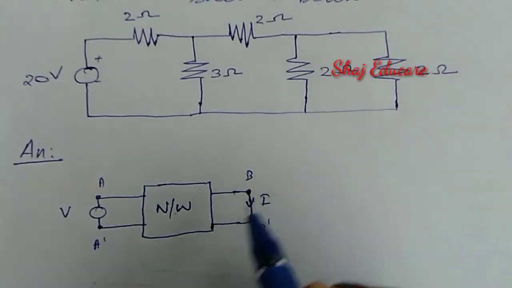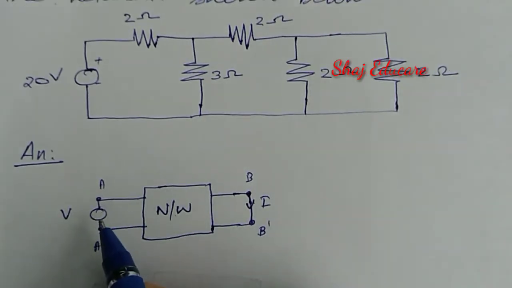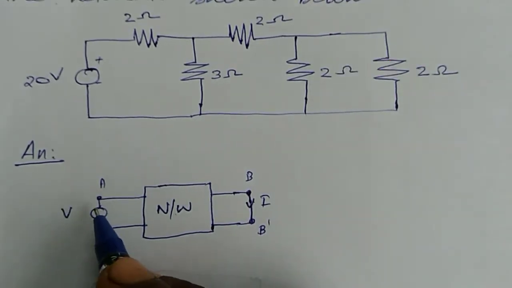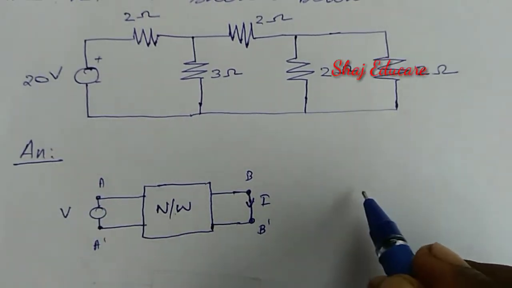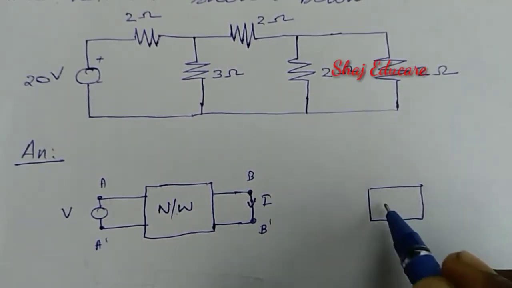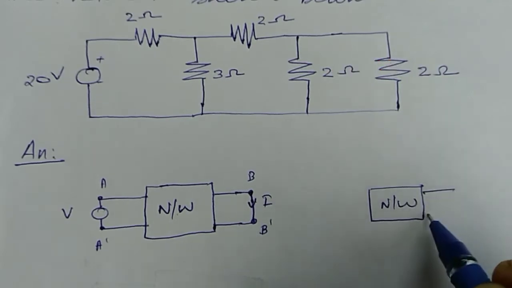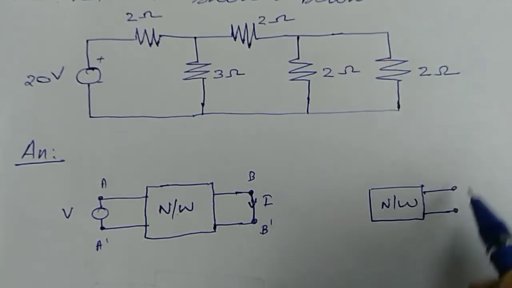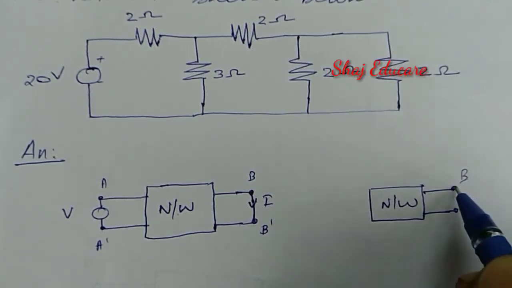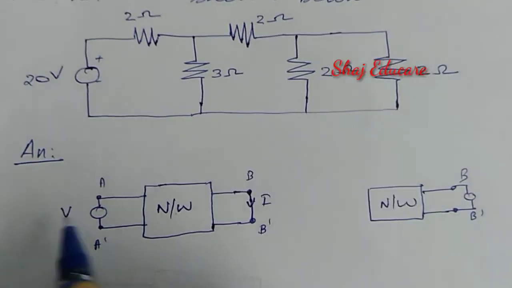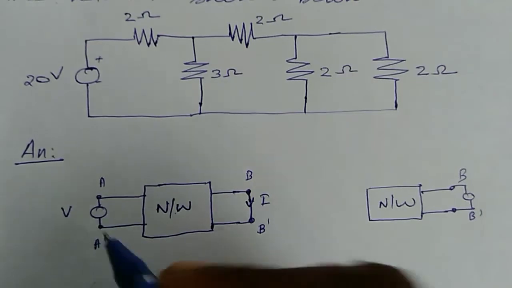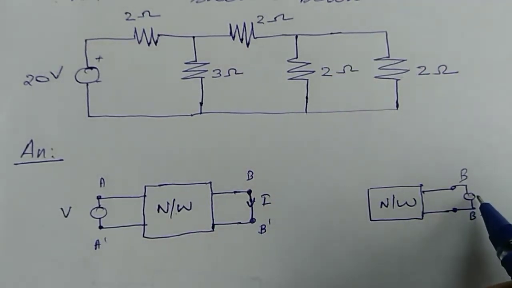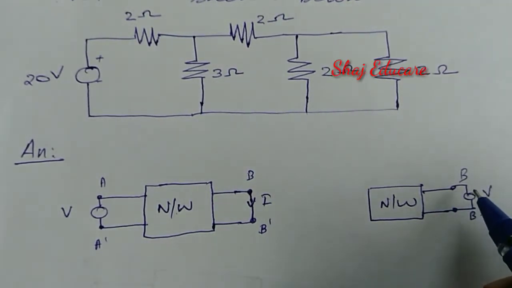Then we have to shift the voltage source from node A dash into BB dash, like that. This is the network given. Here it is BB dash. Next, we have to disconnect the voltage source from the node A dash and connect it to the terminal BB dash.